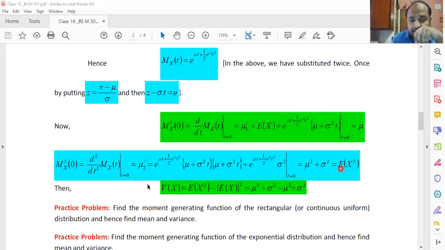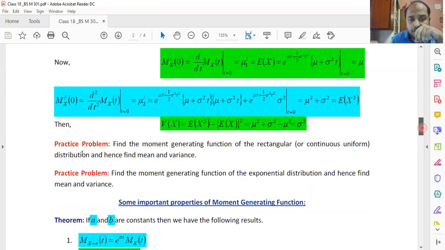And thus the variance of x will be expectation of x square minus E(x) whole square, which will be mu square plus sigma square minus mu square, which is sigma square. And you know, this is tallying with what we knew about the normal variate, that normal variate has mean mu and variance sigma square. This is actually coming out of this expression. Okay.